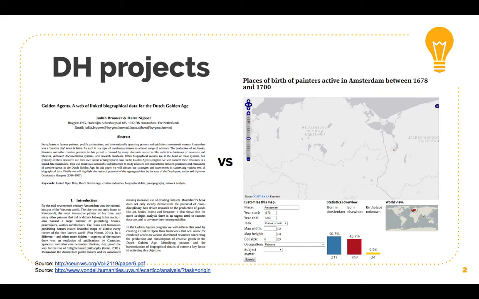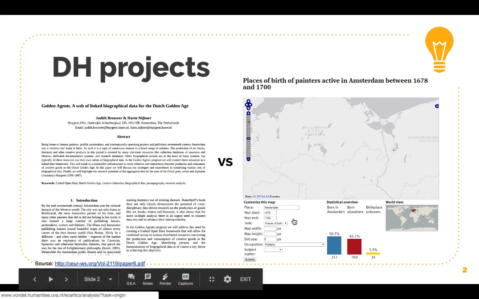However, when directly interacting with the site, we're able to answer some questions and truly experience what the developer of this project intended. Here, in this example, which is places of birth of painters active in Amsterdam between 1678 and 1700, we're able to customize this map and see in real time the differences in percentage of places of birth in the different years and in the different geographies.